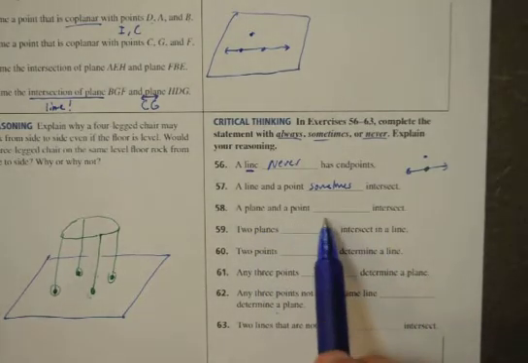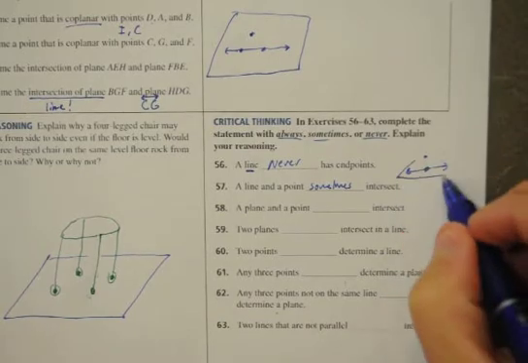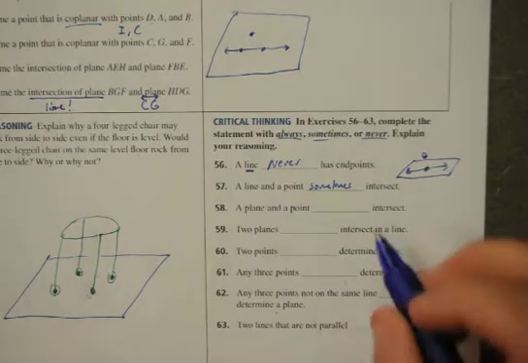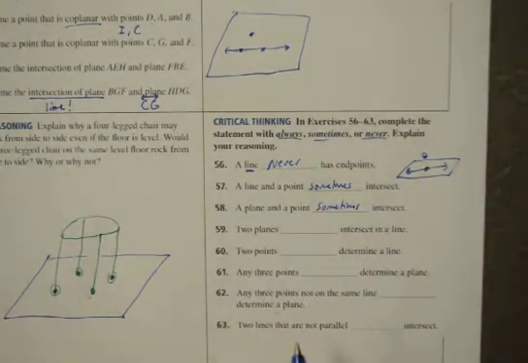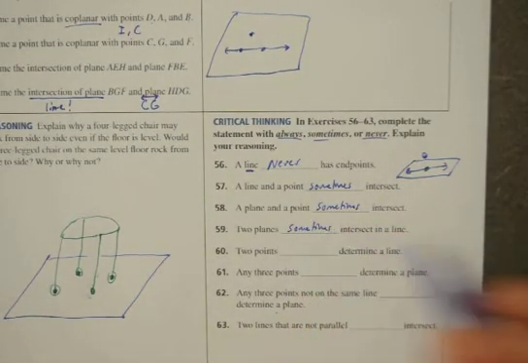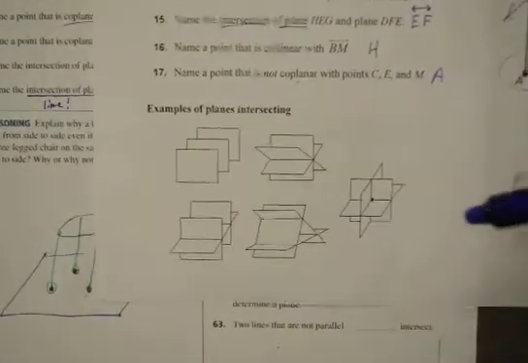A plane and a point, same idea. You could have a point above a plane, you have a point on a plane. Two planes sometimes intersect, right?